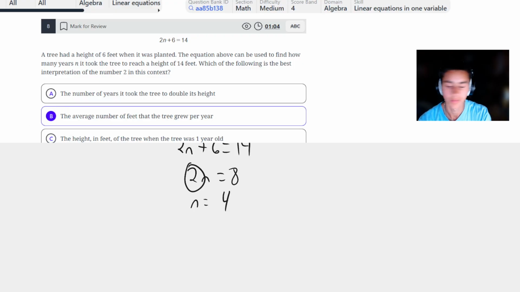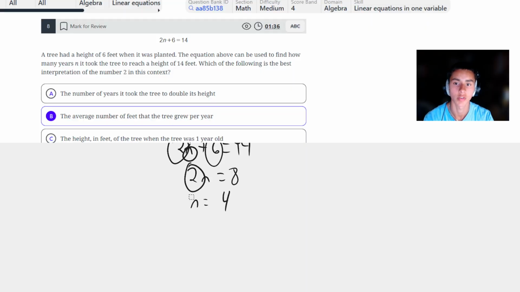So B. If that doesn't make sense, try to think of it like this: this is the initial height, and it's only growing from that initial height because it went from 6 to 14. So the n represents time. This has to represent the change in growth. So this has to be how much it grew in that span of time, n.